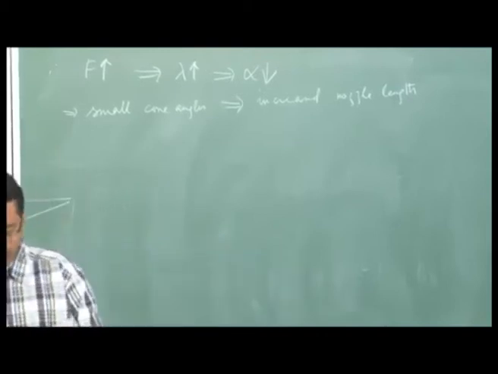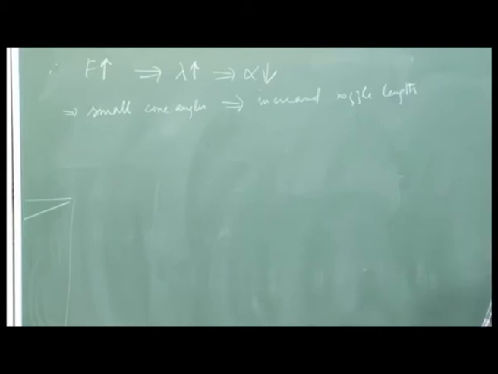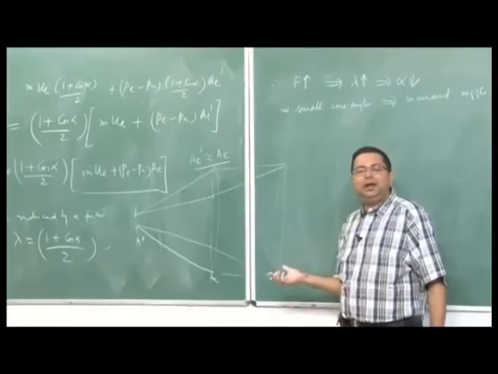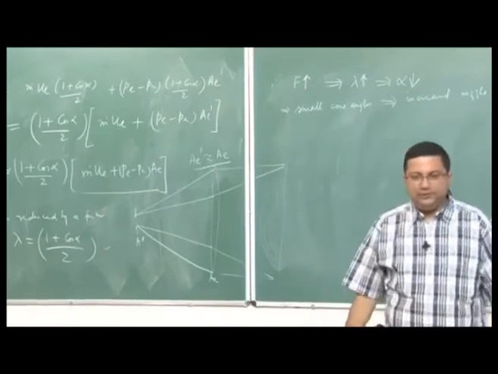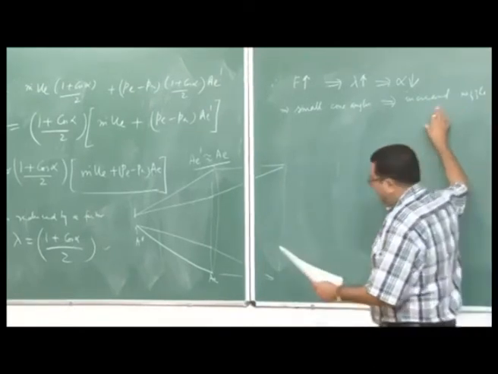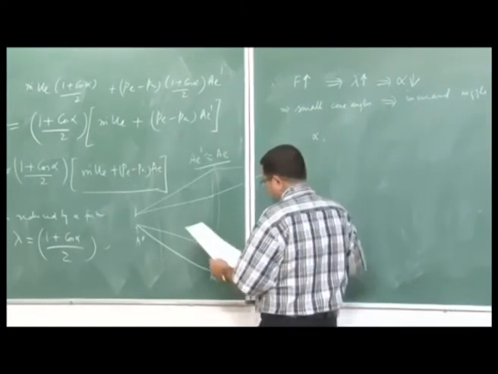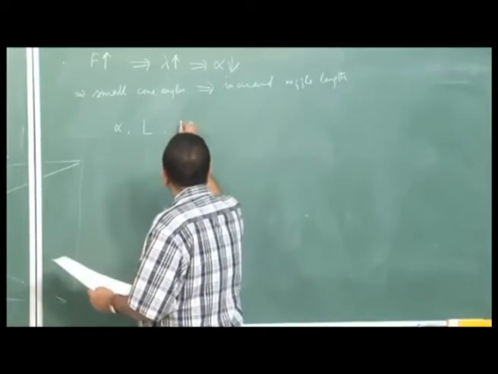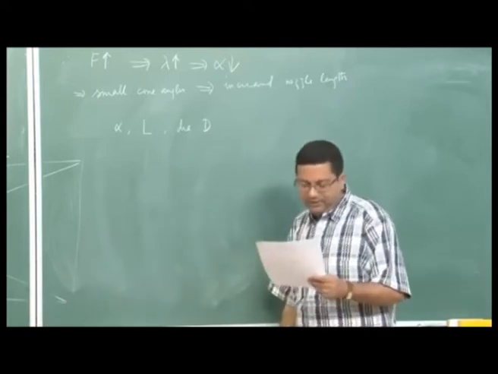So the nozzle length now needs to be increased to a great degree in order to increase the thrust, and that is something that we do not want to do, because it is going to add weight. Just to give an idea, let us say for a conical nozzle with half angle alpha and length L, D is the diameter at the exit.